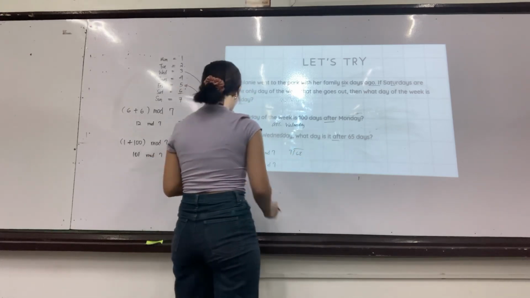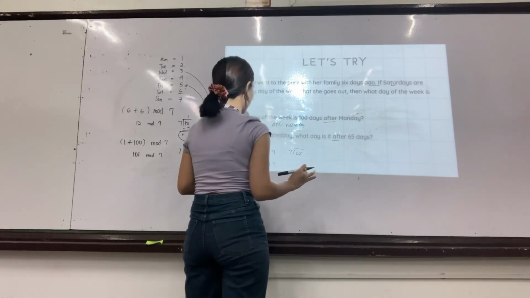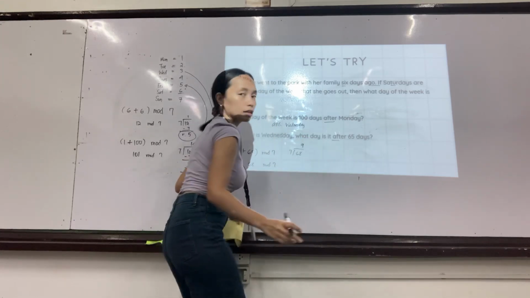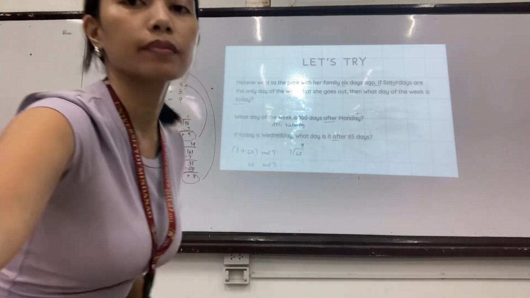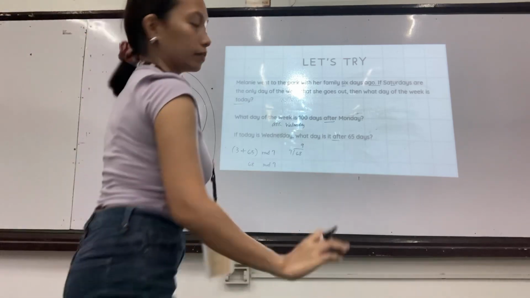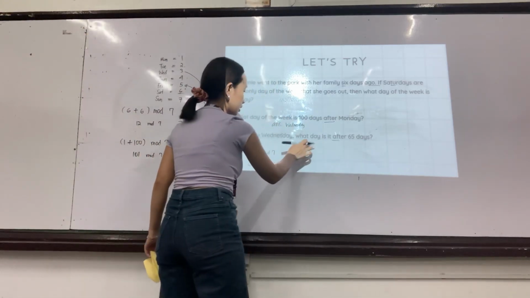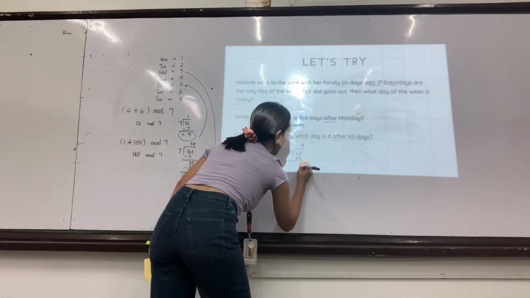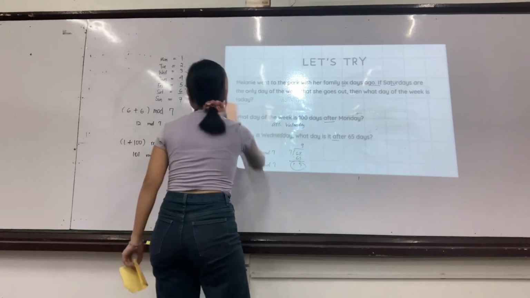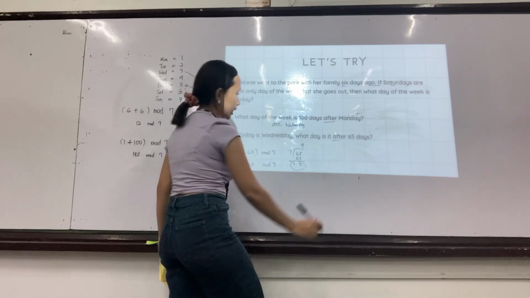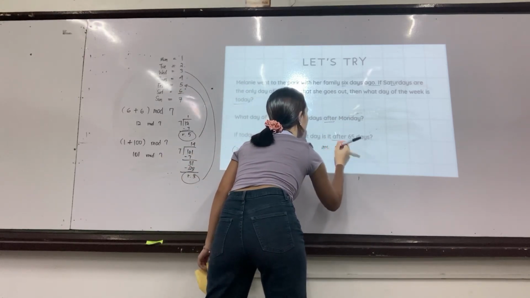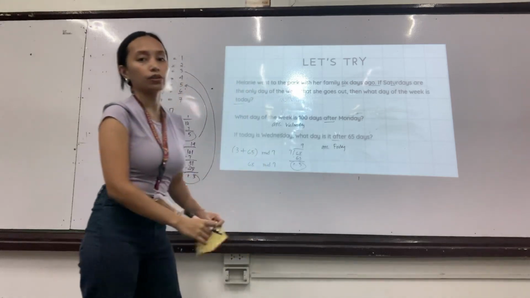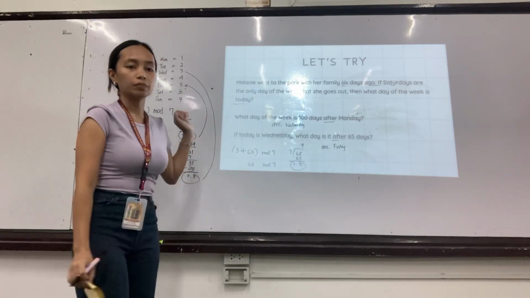So the value is 9, because 7 times 9 is 63. So we get the remainder of 5, which is equivalent to Friday. So our answer is Friday. So that's how you solve these problems.